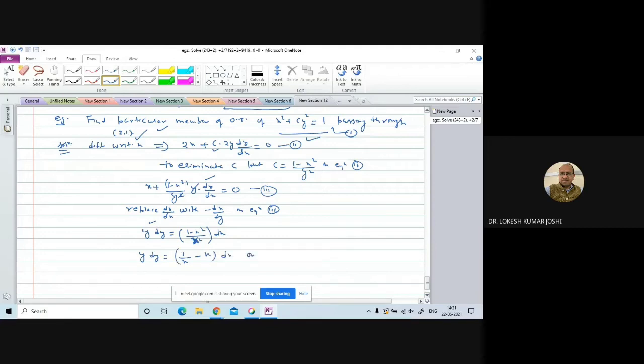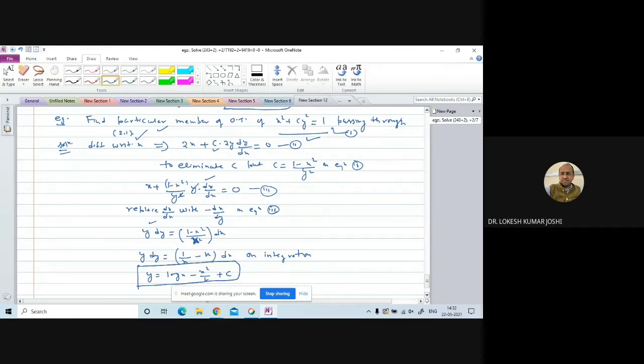On integration, this side will become y square upon 2. This one will become log x. This one will become minus x square upon 2, and we have a constant of integration. This is the orthogonal curve family.